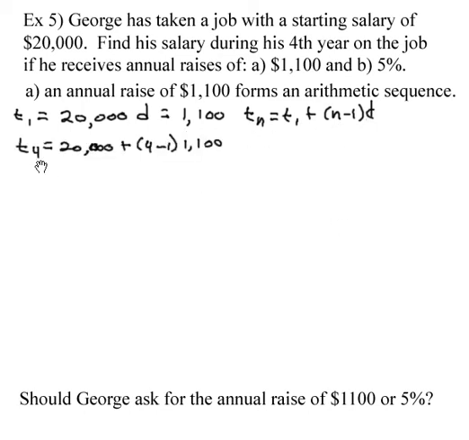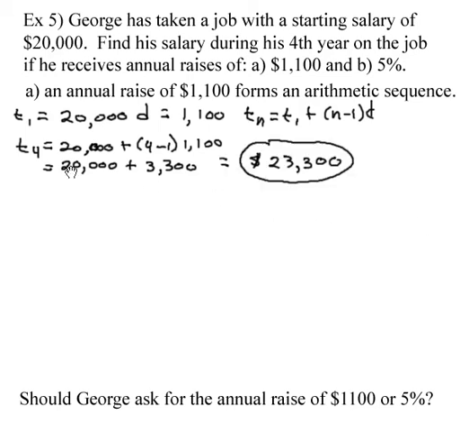So T sub 4, the amount George will make in his fourth year, is 20,000 plus 4 minus 1, times 1,100. 4 minus 1 is 3, and 3 times 1,100 is 3,300. We add that to the 20,000, and on the fourth year, if George has taken the annual raise of $1,100, his salary is $23,300.